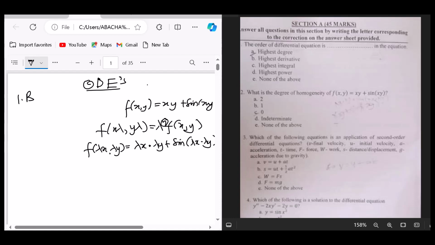So this becomes lambda squared xy plus sine of lambda squared xy.